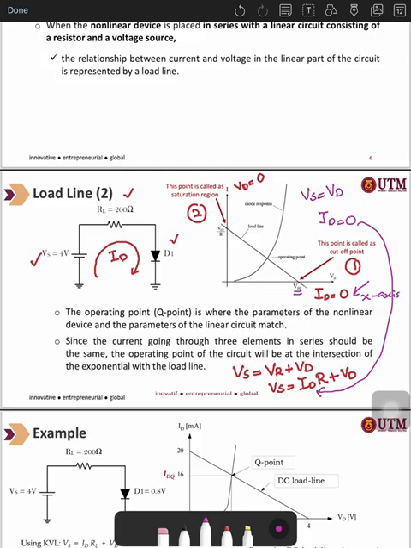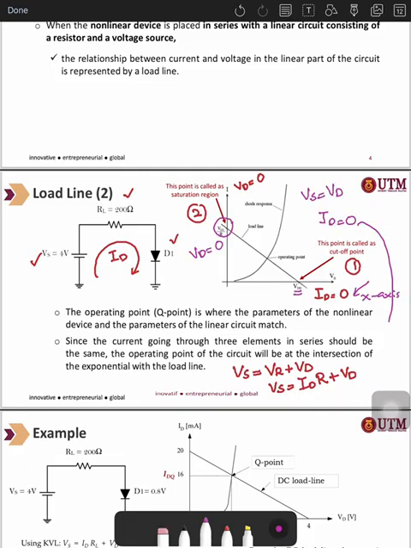Then for you to find the saturation region, your VD must be equal to 0 because this point is at the y-axis. So what happened to your formula?